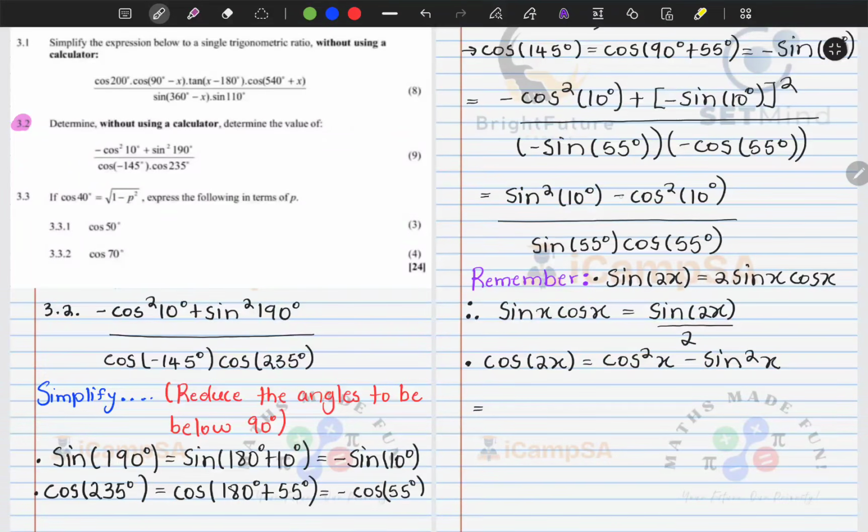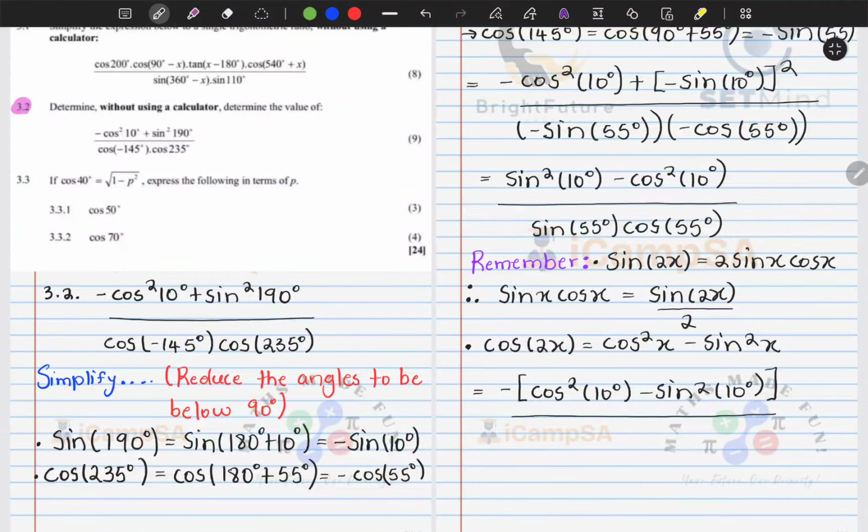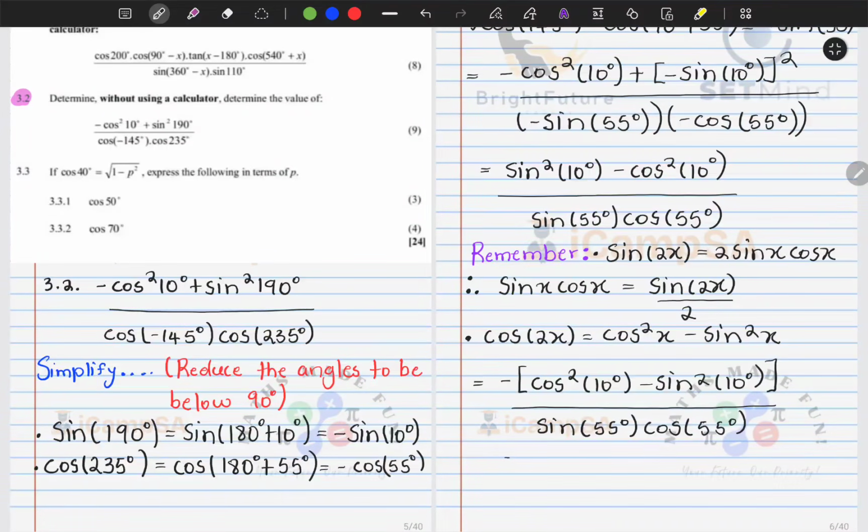So since we have it the other way around, we can factor out a minus on the numerator and have cos squared of 10 degrees minus sine squared of 10 degrees. Okay, and then on our denominator, what we have there is just simply sine of 55 degrees, then times cos of 55 degrees. So we can now simplify this.